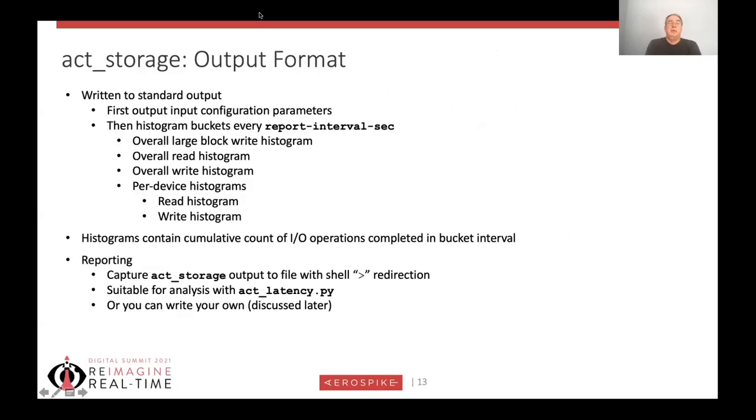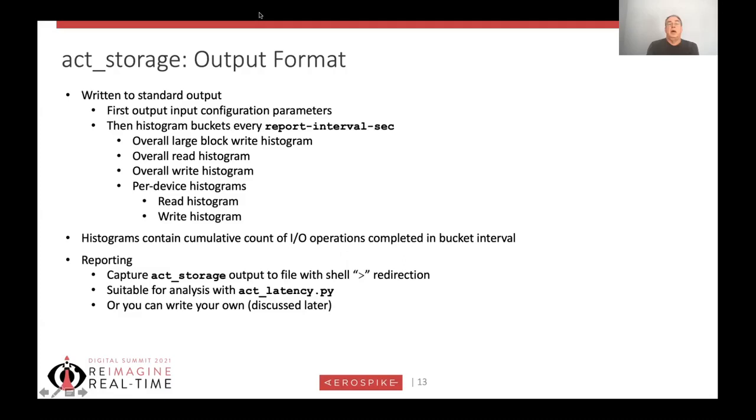Talking now about the output format, which is what's processed by ACT latency. When you look at this file, it's documented in the code. There's really not a formal documentation, but it's a very simple format. There's a header that echoes back your input configuration parameters and some derived parameters.